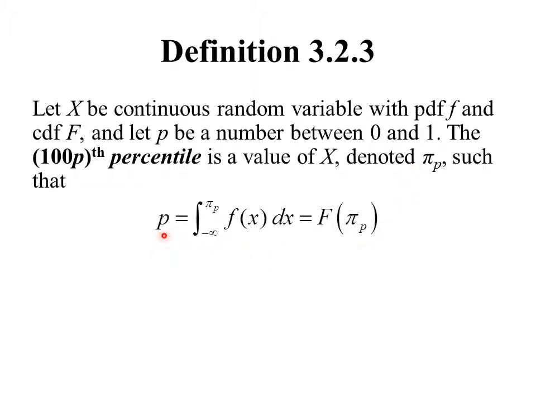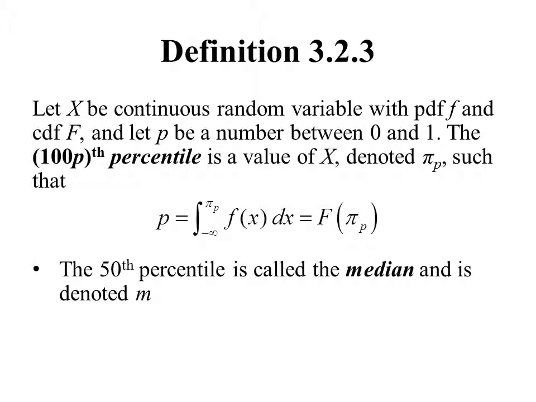Okay? So the idea here is that the percentile is a value of x such that capital F of that value is equal to p. In terms of the CDF, the area underneath the density curve to the left of the percentile is equal to p.